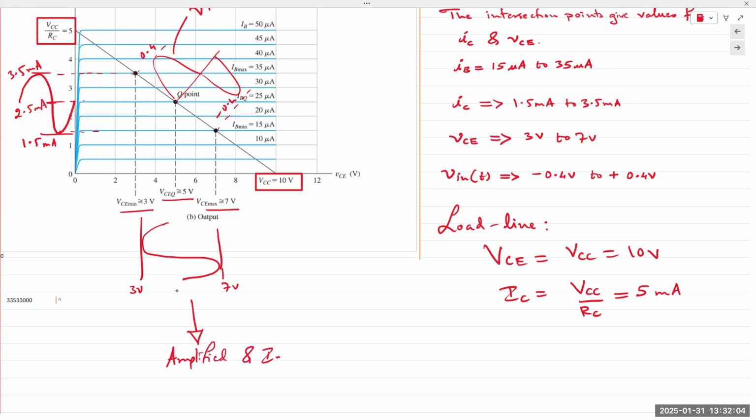Amplified and inverted. Does everyone see that? So a small change in input, 0.4 to minus 0.4, gives us an amplified output that has a value of 3 volts to 7 volts.